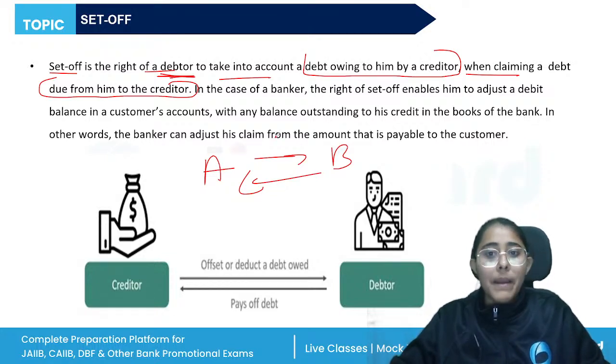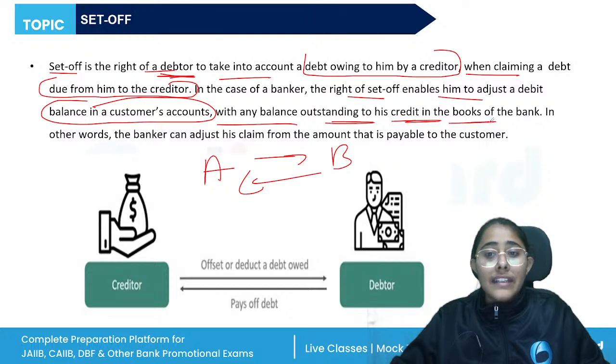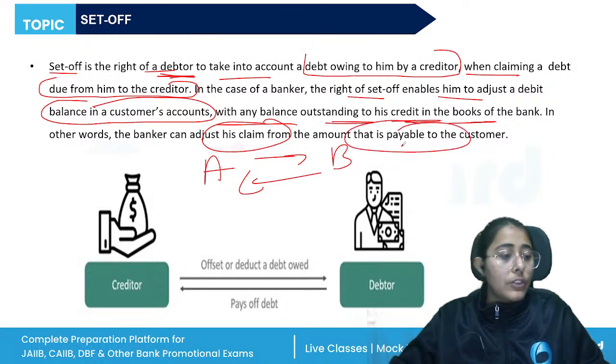In the case of a banker, the right of set off enables him to adjust the debit balance in the customer's account with any balance outstanding to his credit in the books of the bank. So the banker can adjust his claim from the amount that is payable to the customer.